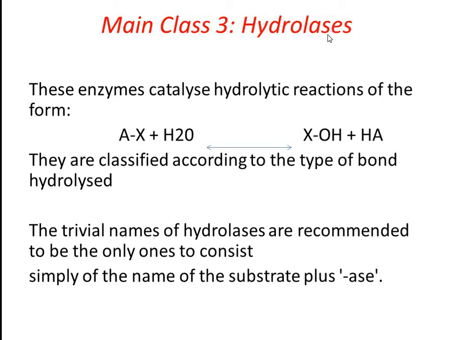For example, if there is a hydrolysis reaction of lactose, then by adding simply ase at the end of the substrate lactose, the name of the enzyme will become lactase. So the ase as a suffix for the substrate indicates that these are nothing but the hydrolases.